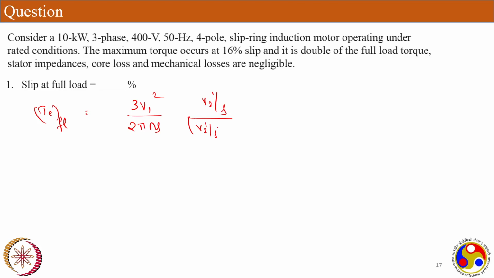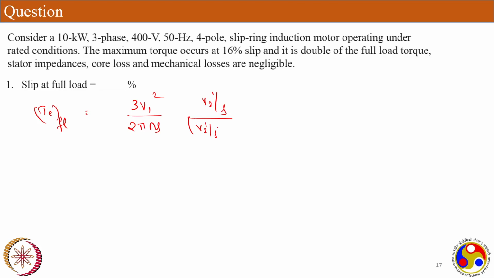But from relation 1, where the maximum slip, you know, R2 dash by X2 dash, from this relation, what you can say, R2 dash is equal to alpha times X2 dash. So here you can include this maximum slip alpha, replacing it.